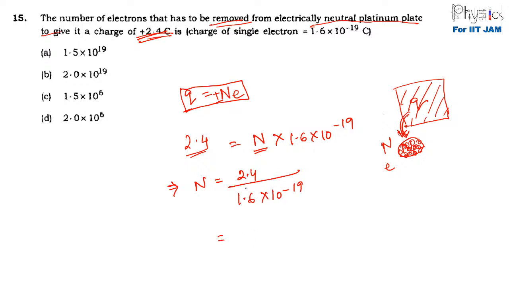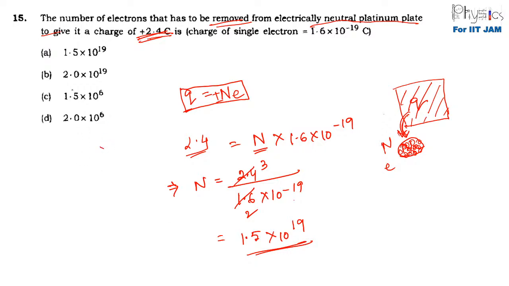Here 8 times 2 means 16, 8 times 3 means 24. So it will give us 3 by 2, that means 1.5 times 10 to the power minus 19. If it goes up, it will become 10 to the power 19, and our answer is 1.5 into 10 to the power 19.